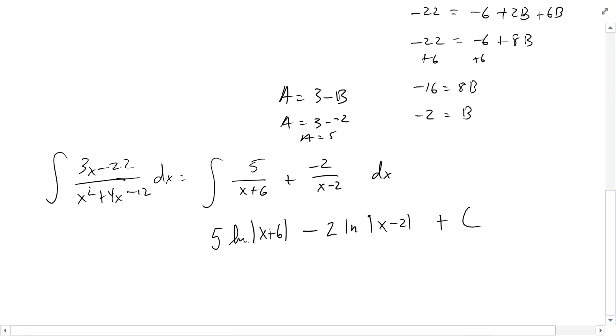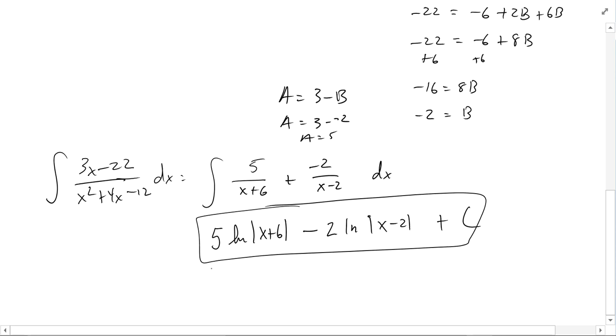The derivative of the natural log of x plus 6 is 1 over x plus 6 times the derivative of the inside, which is just 1, so the antiderivative of 5 over x plus 6 is just 5 times the natural log of x plus 6. There's our antiderivative right there.